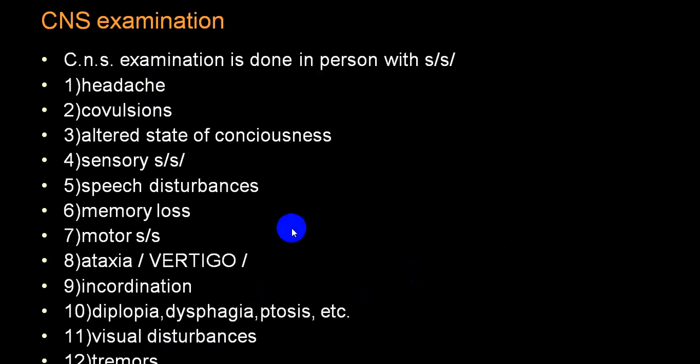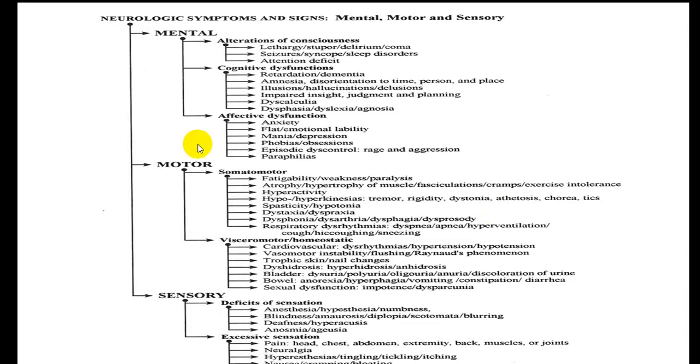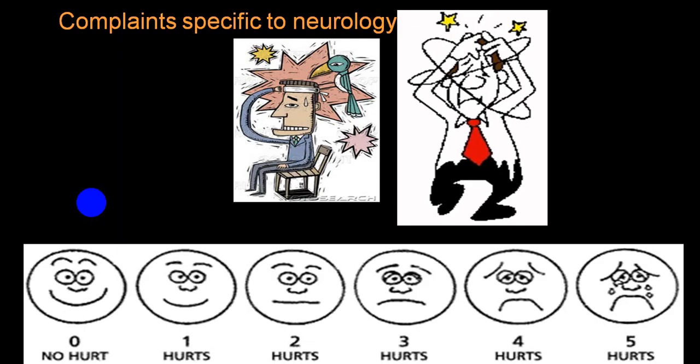These are multiple symptoms and signs, and this is a big list. You can go through it; this is one list, this is another list. All these symptoms suggest that there are neurological symptoms and signs. You will go for CNS examination and try to differentiate whether it is intracranial, extracranial, etc.